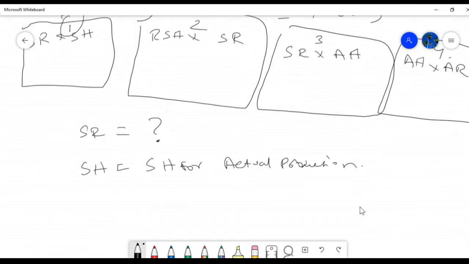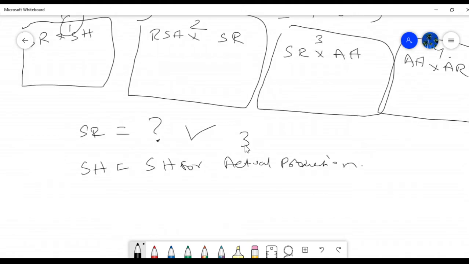Do we have the standard rate in the question? Standard rate is given directly in the question: 3 rupees, 2 rupees, 1 rupee. Whether standard hours is directly given in the question?